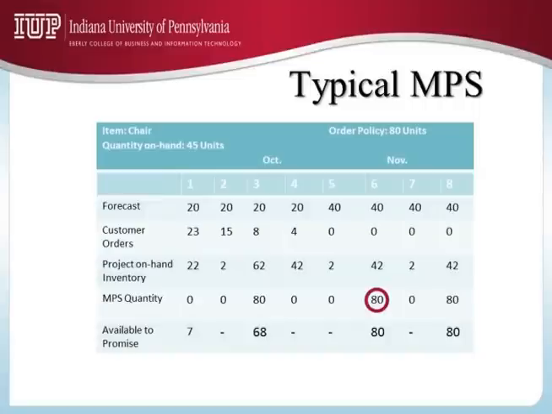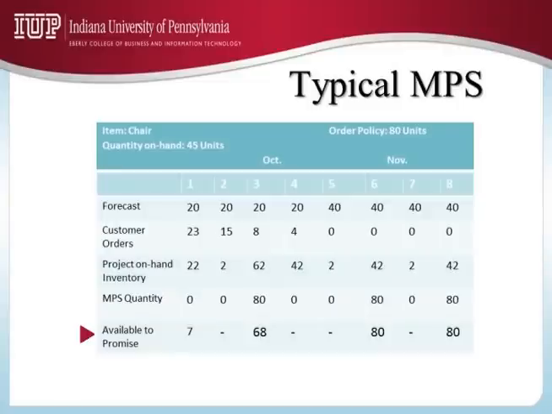So you produce 80. If you produced 80 and got 80 in week 6, add that to the 2 units in inventory. 82 minus 40, 42. 42 minus 40, 2. And then week 8, you need really 38, but you receive 80 because of the order policy. 82 minus 40, 42. Pretty straightforward.